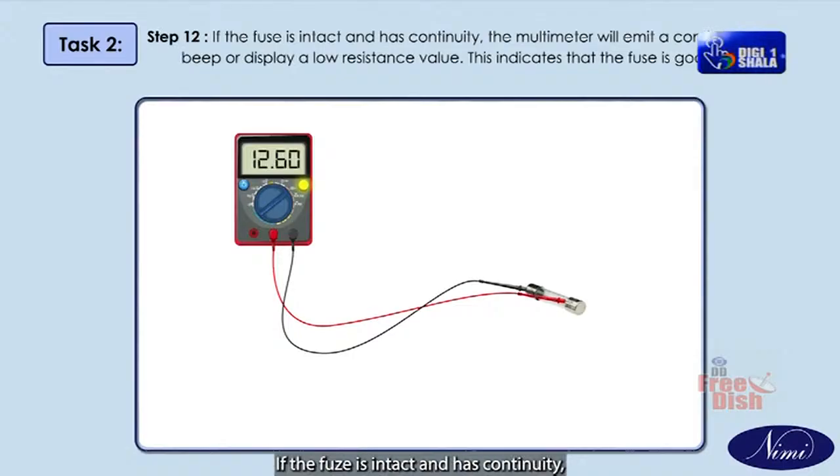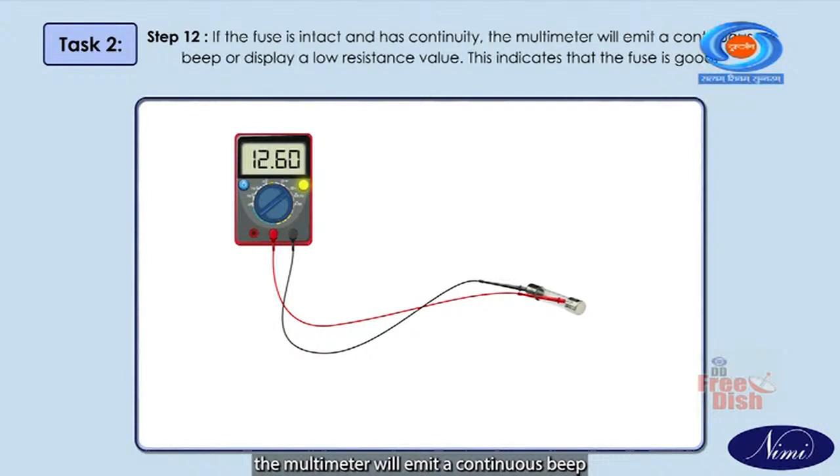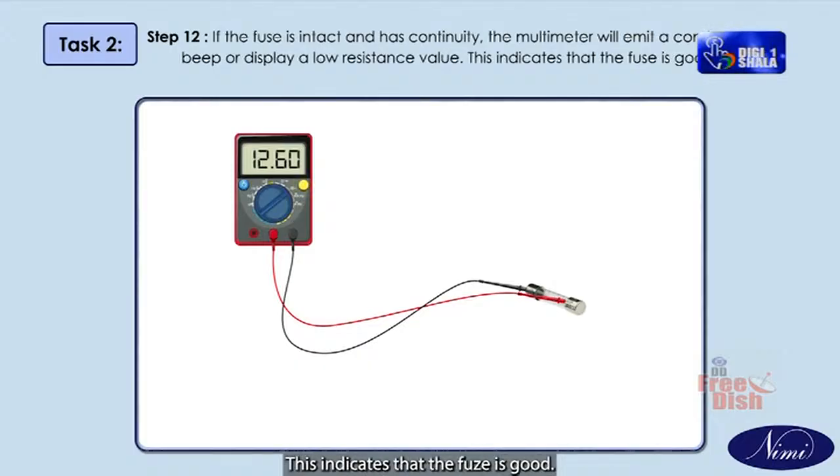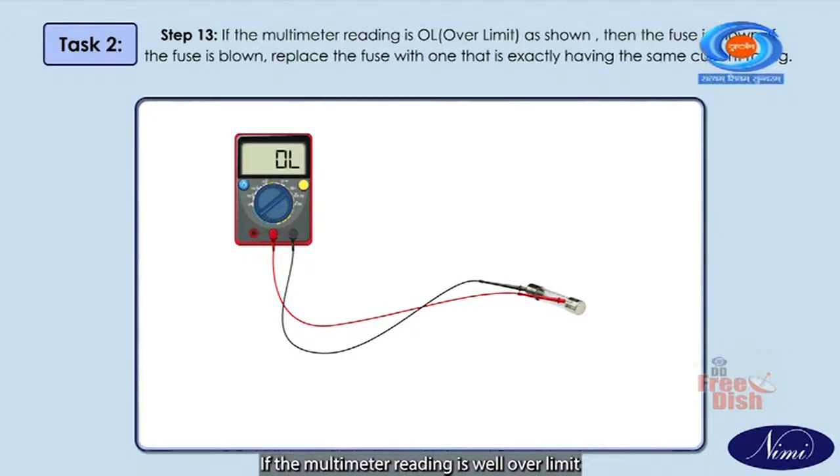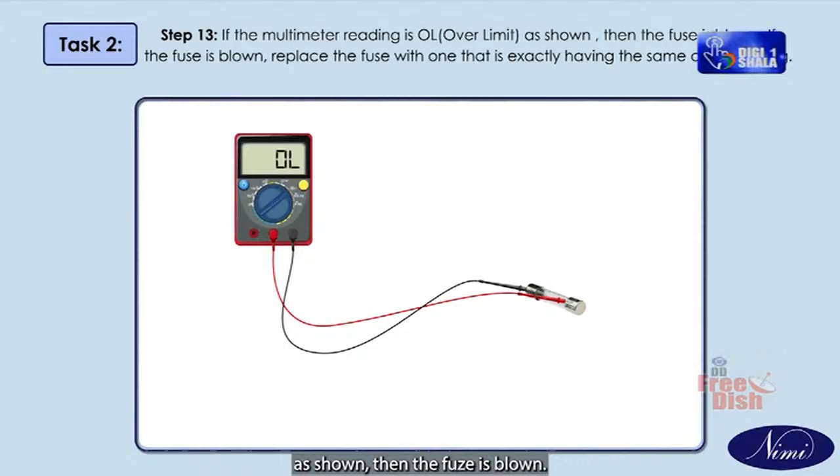Step 12. If the fuse is intact and has continuity, the multimeter will emit a continuous beep or display a low resistance value. This indicates that the fuse is good. Step 13. If the multimeter reading is OL, over limit, as shown, then the fuse is blown.